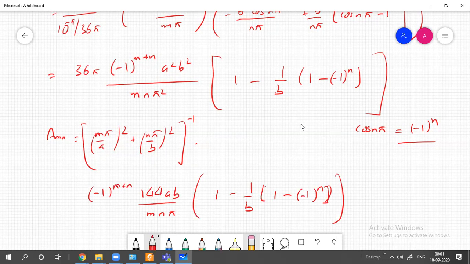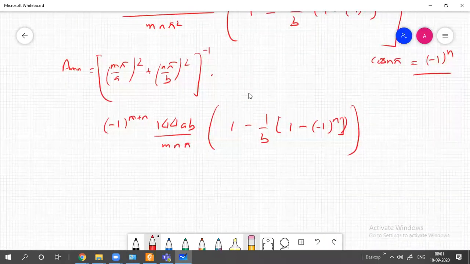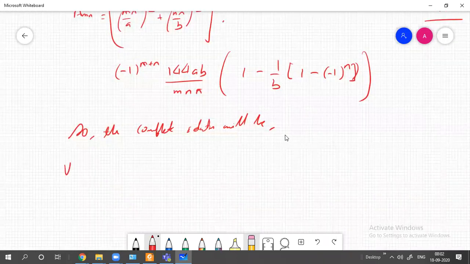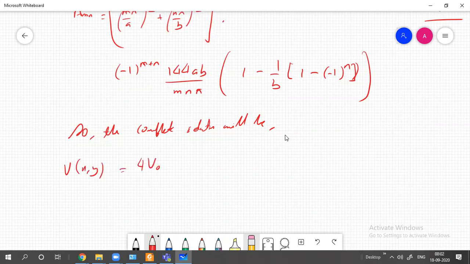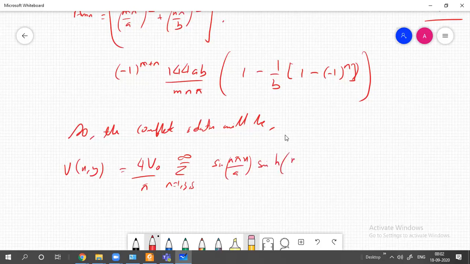Now since we have calculated the values of V1 and V2, the complete solution will be of the form: V1 of x y equals 4 V0 over pi, summation over n equals 1, 3, 5 to infinity, of sine of n pi x by a, sine hyperbolic n pi y by b, over n sine hyperbolic n pi b by a.